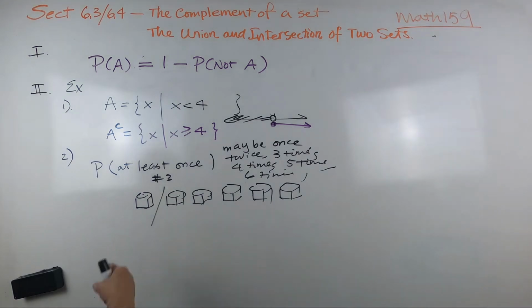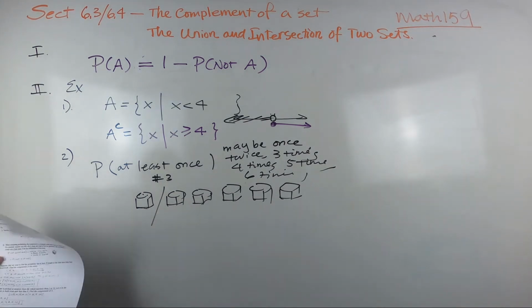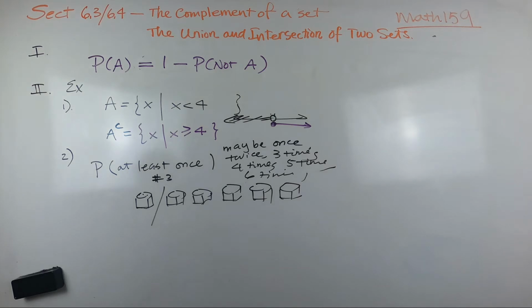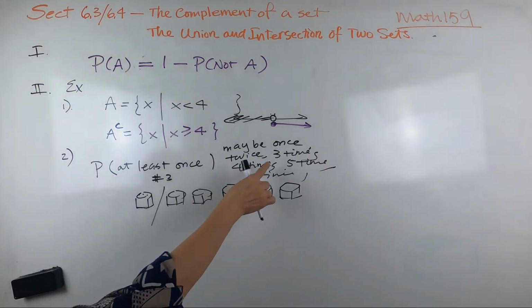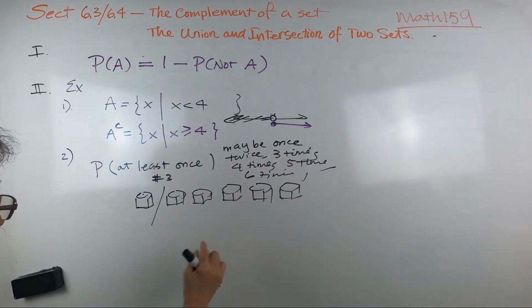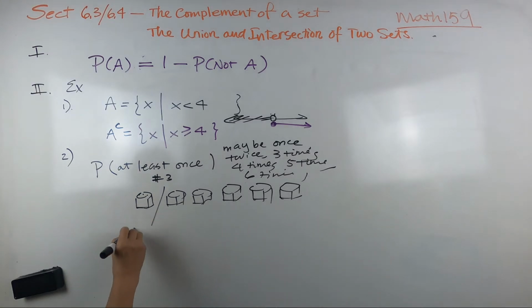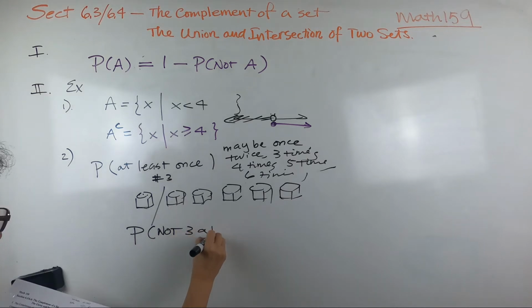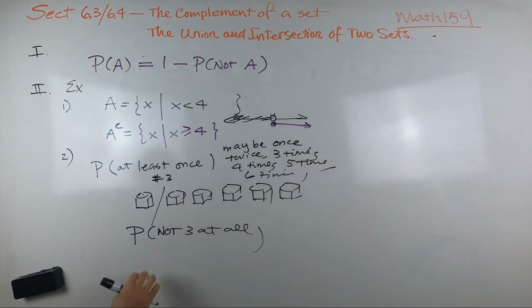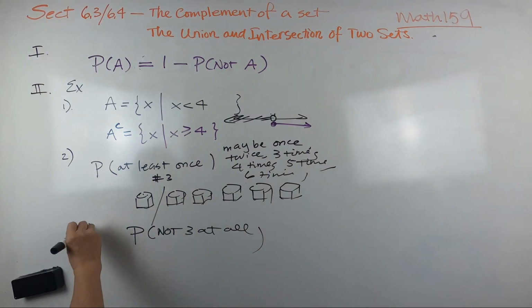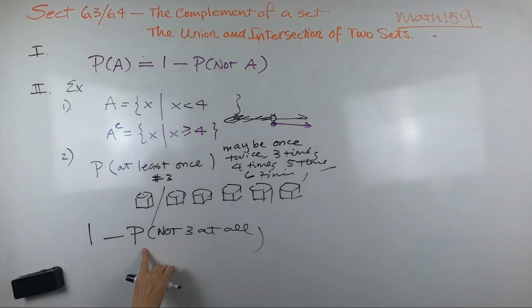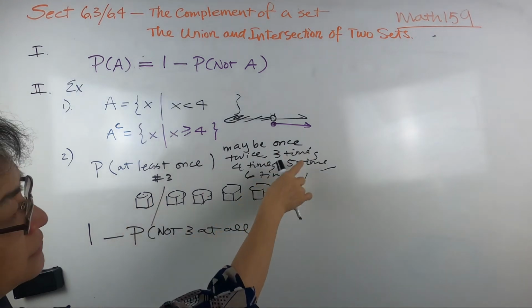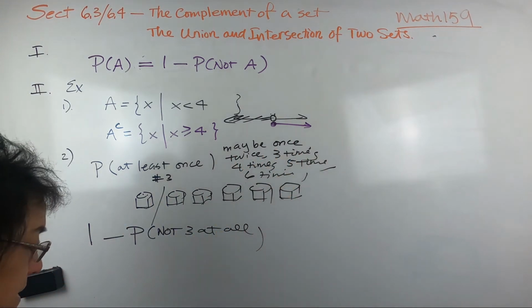What do you think? At least once, or not at all, right? Because it can be once or so many times, what you actually do is find the probability of not 3 at all. If none of them is 3, then you do 1 minus that, because not 3 at all is much easier than counting the 1, 2, 3, 6 times.